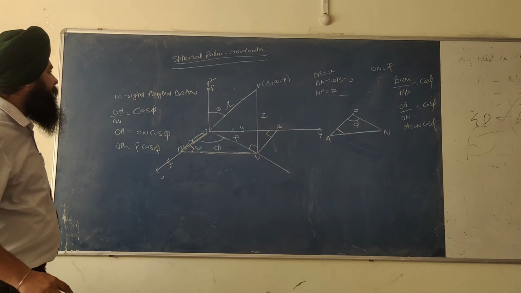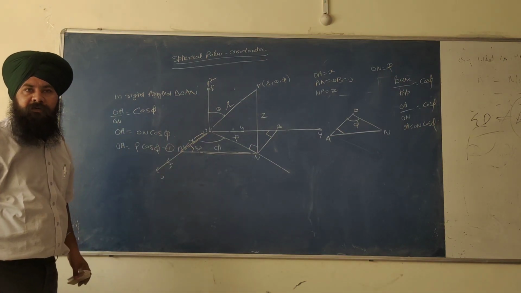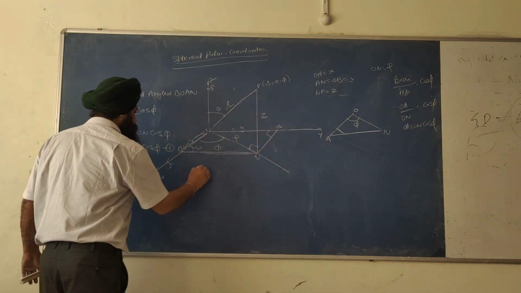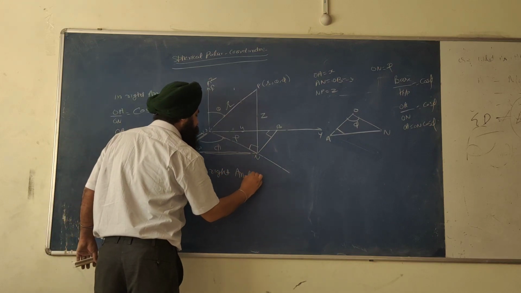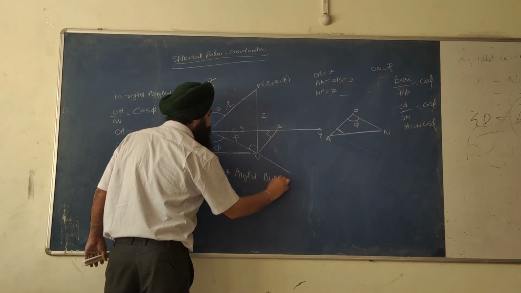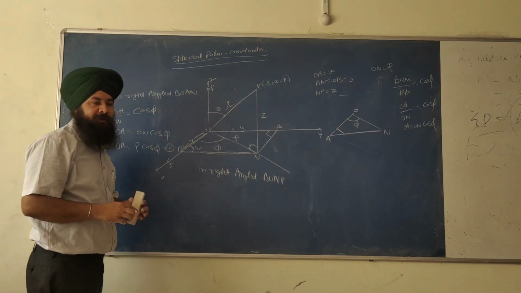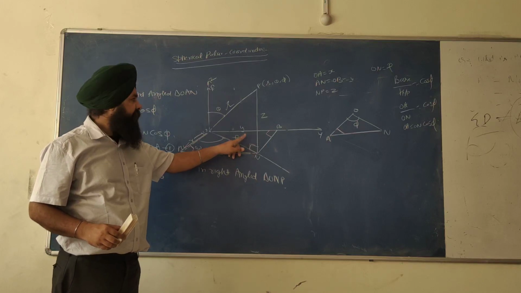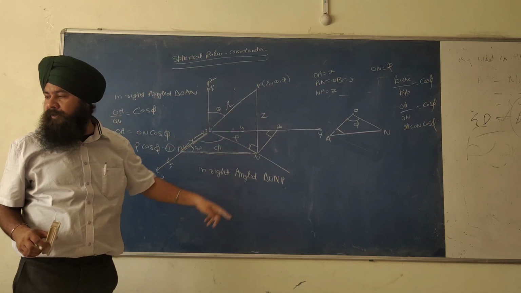और ONP ट्रायंगल में आइए देखिए. This is question number 1. In right angle triangle ONP, this angle is 90. So this will become a hypotenuse.